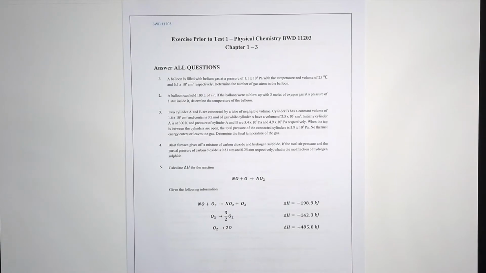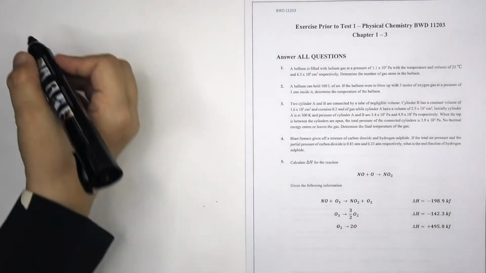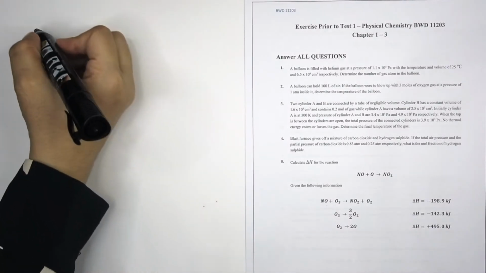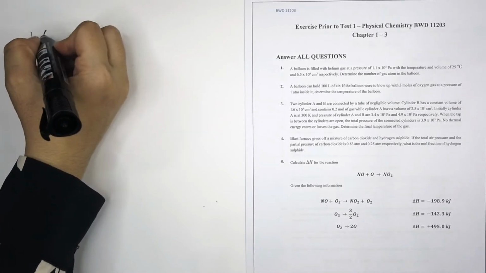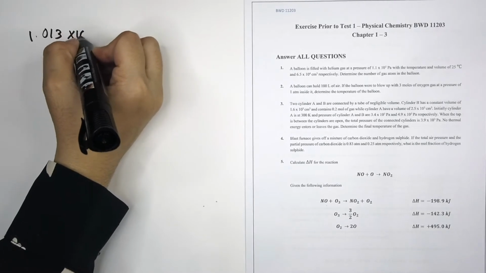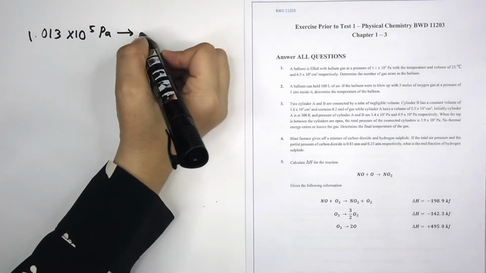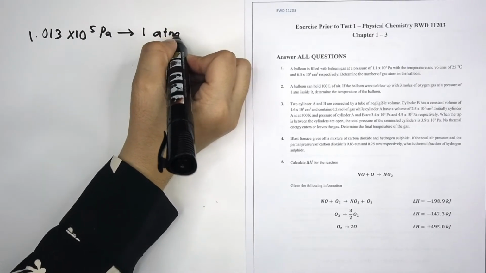We are going to start by converting the pressure. Given to you, the pressure is equivalent to 1.1 times 10 to the power of 5 Pascal. If you can see, 1.013 times 10 to the power of 5 Pascal is equivalent to 1 atm.